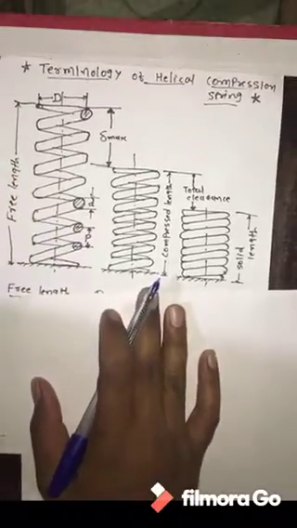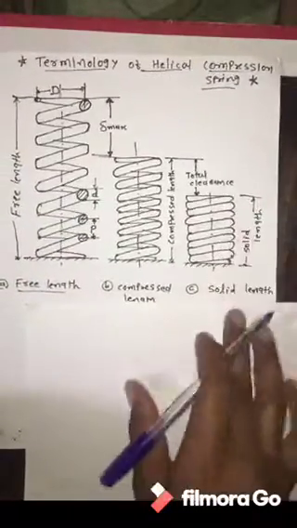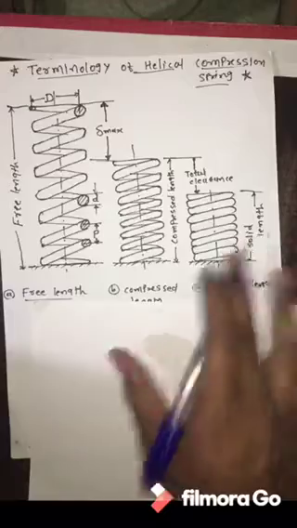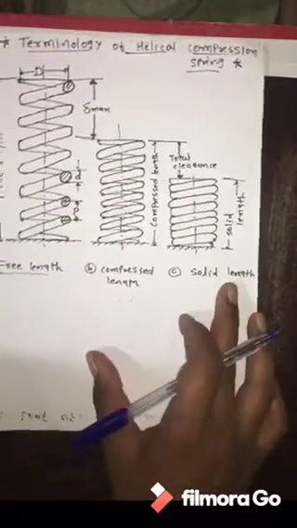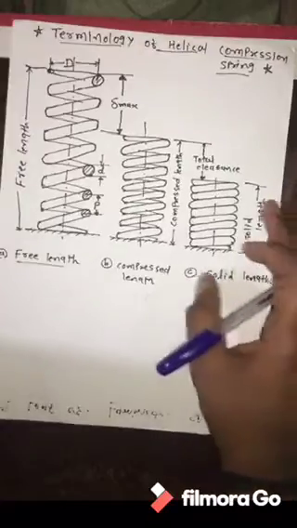Before that, first we have to see this figure of the terminology of helical compression spring. Okay, solid length. What is solid length? In this figure there are three types of figure: free length, compressed length and solid length. So the last one is the solid length.